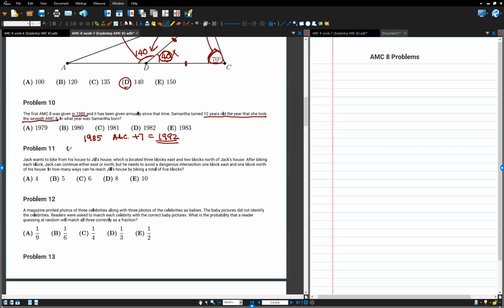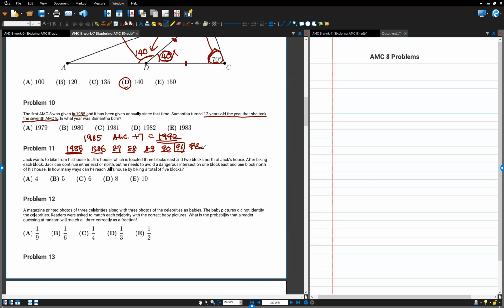Okay, 1985, you have to be very careful. 1986, 87, 88, 89, 90, 91, 92. This is the first. Second, 3, 4, 5, 6, 7. Oh, 91 is the 7th. 92 is not.